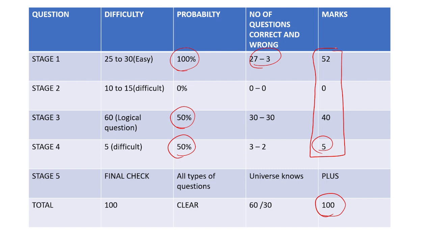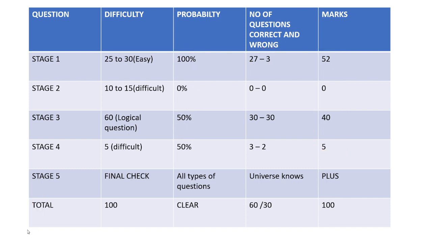The next point I will tell you here, the point which I would like to stress here is that I told you that the 60 questions you will do logically, 50% will come true. What I have found, from my experience of 10 years, from 2010 to 2020, I have seen every question paper, solved every question paper.